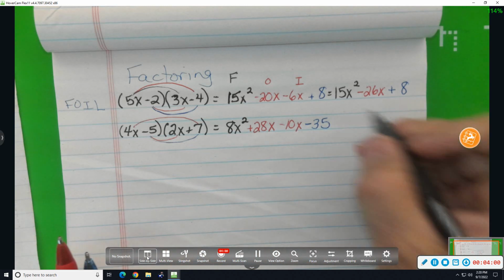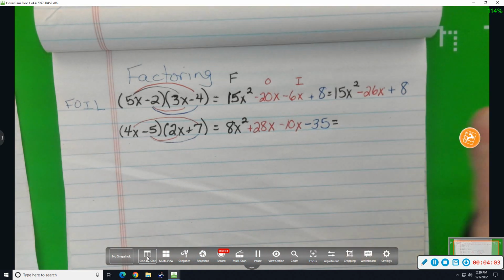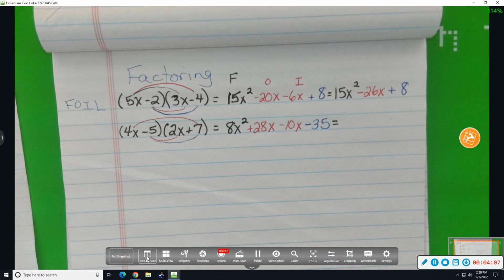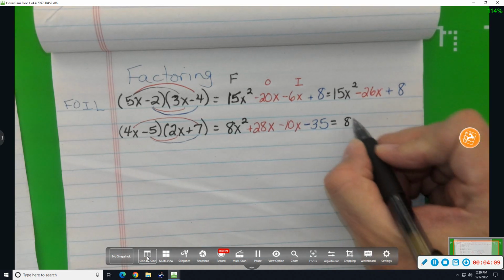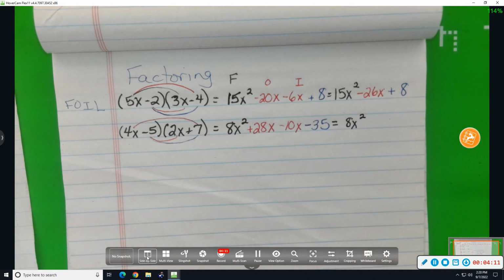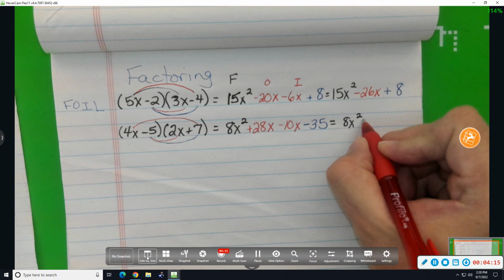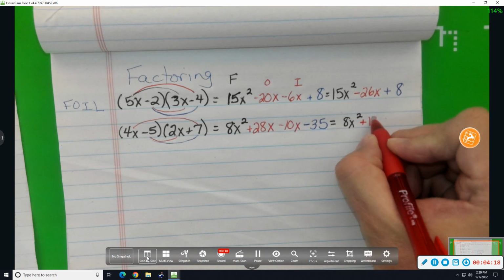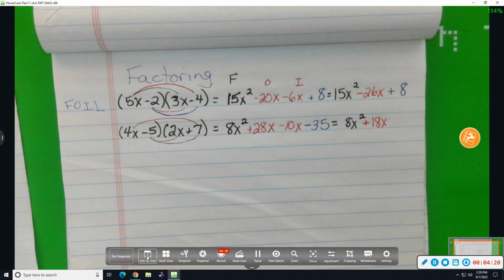That's right. Now, just like the previous one, we combine the outer and the inner. We have 8x squared, 28x minus 10x. Is that a positive 18x? And minus 35.